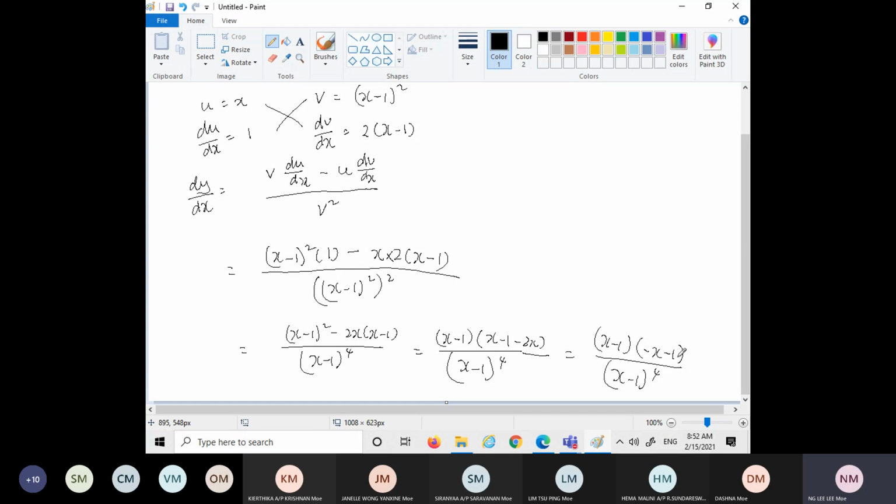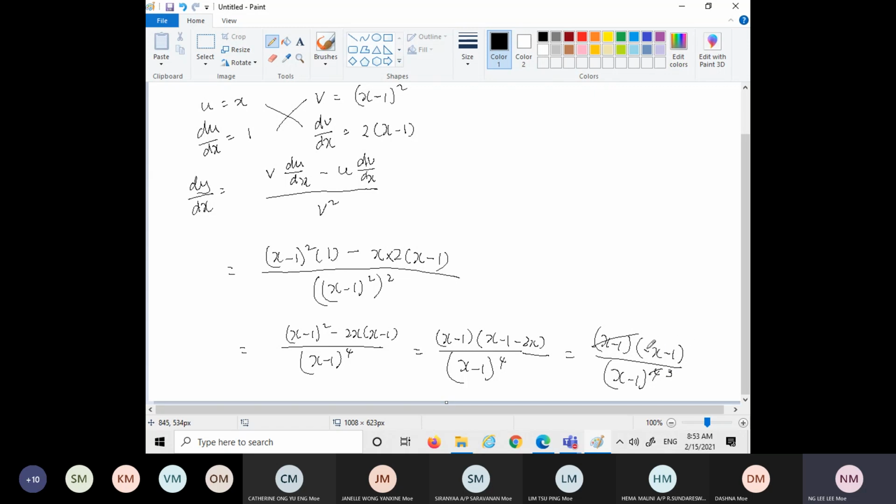Questions for me so far? Teacher, the x minus 1 can be factorized because the denominator has x minus 1. Yes, you are right, very good. So you see x minus 1, you can cancel with one of the x minus 1 in the power 3.